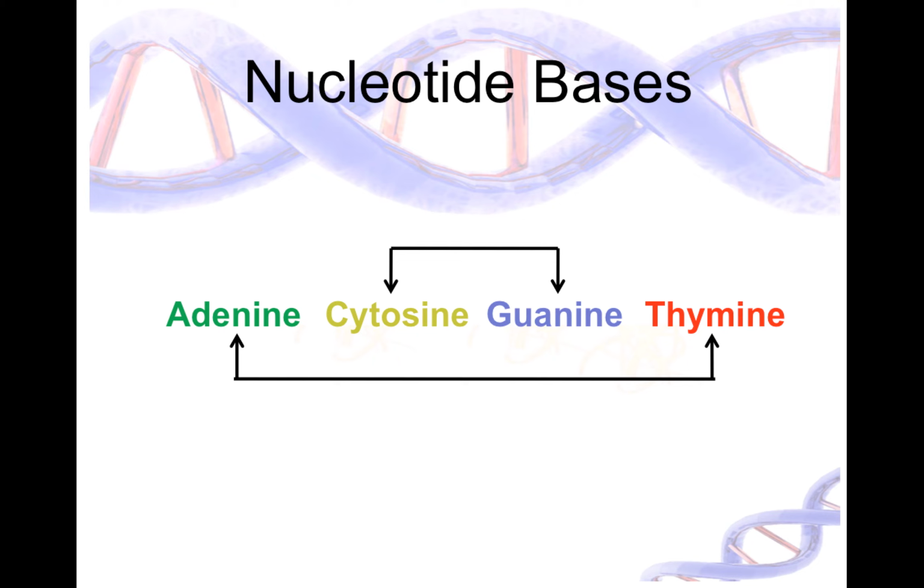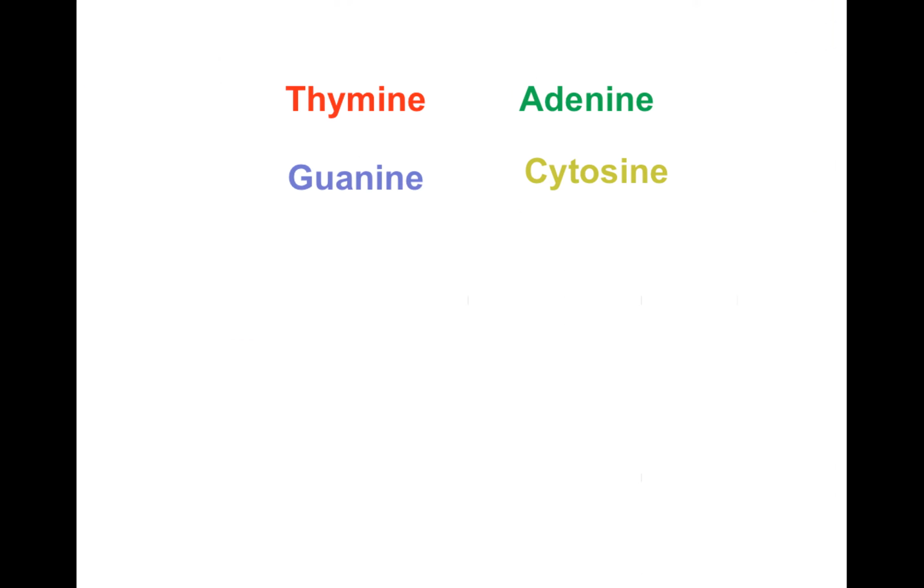So you need to come up with a method of remembering which ones go together. The way I remember it is if you put them in alphabetical order like this, the first and the last go together and the middle 2 go together. So here are our 4 nucleotide bases. Thymine and adenine go together, guanine and cytosine.